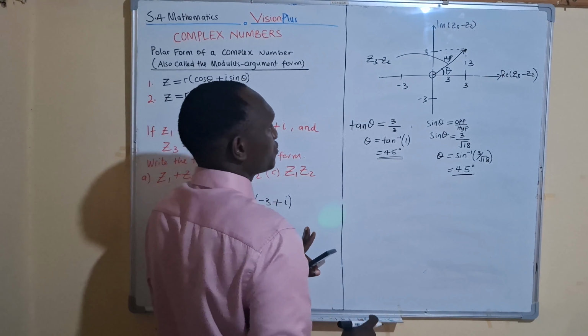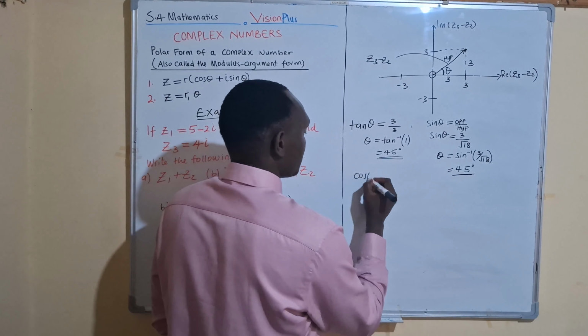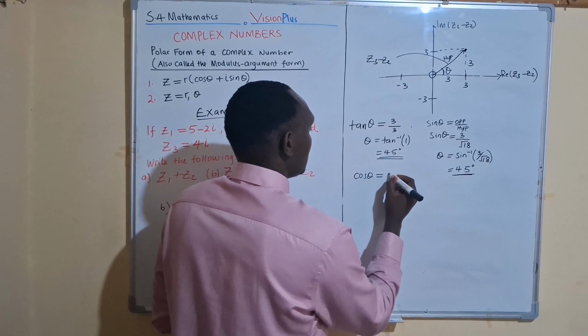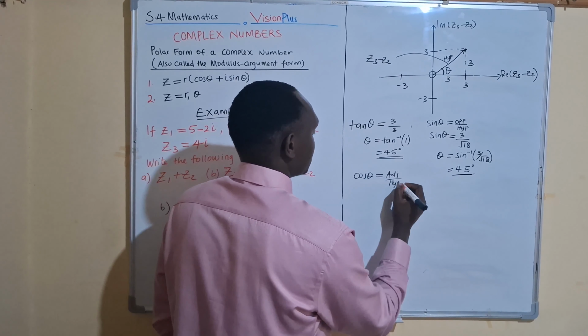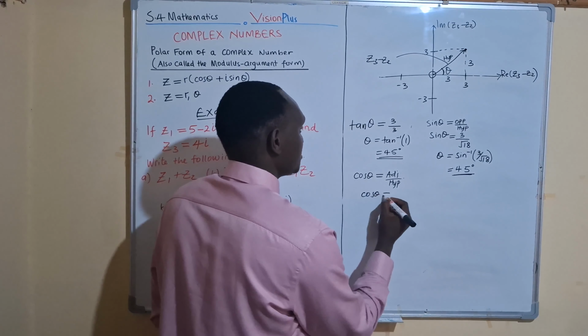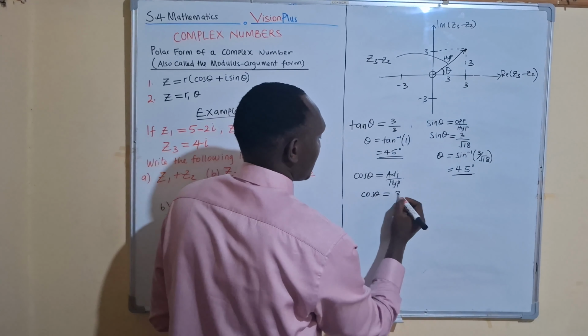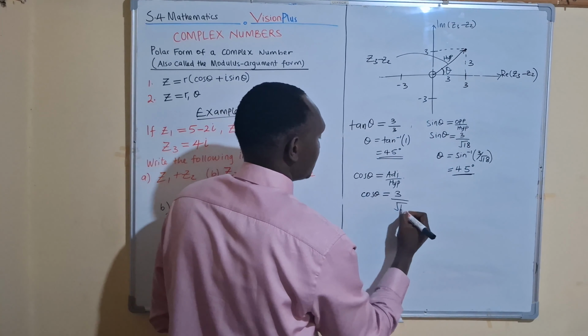What if we choose to use cosine instead? We shall have the same answer. Cosine of theta becomes, you know that for cosine it is adjacent over hypotenuse. The adjacent to the angle is 3, and the hypotenuse is root of 18.